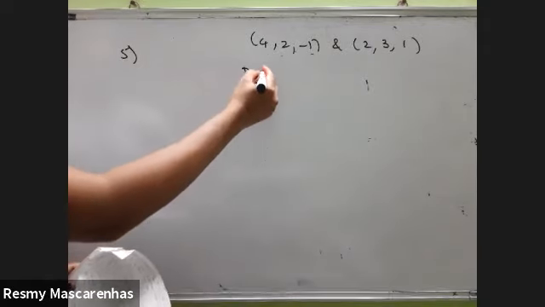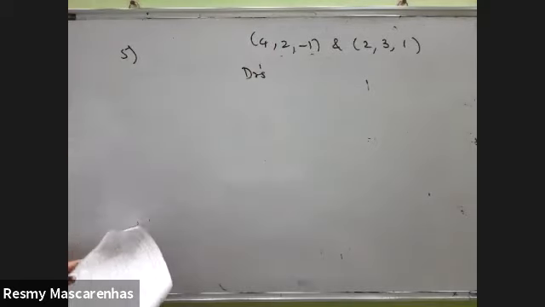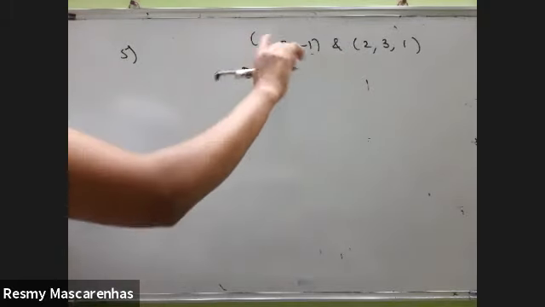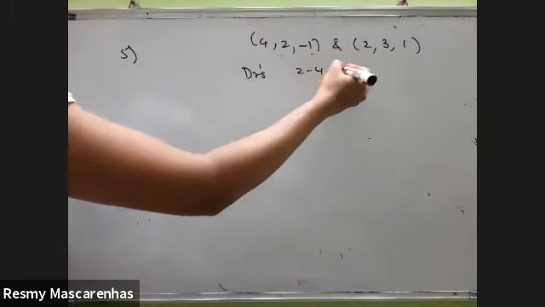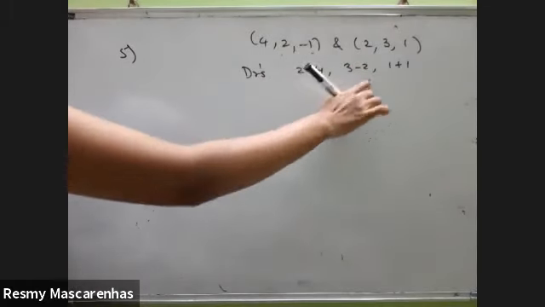So we have to find direction ratios first. What will it be? 2 minus 4, 3 minus 2, 1 plus 1. Minus and minus become plus.